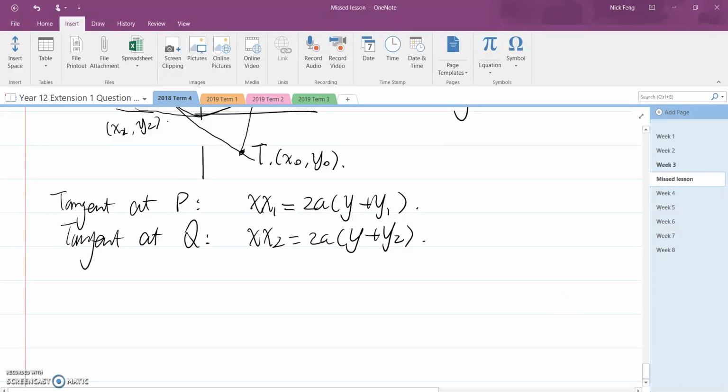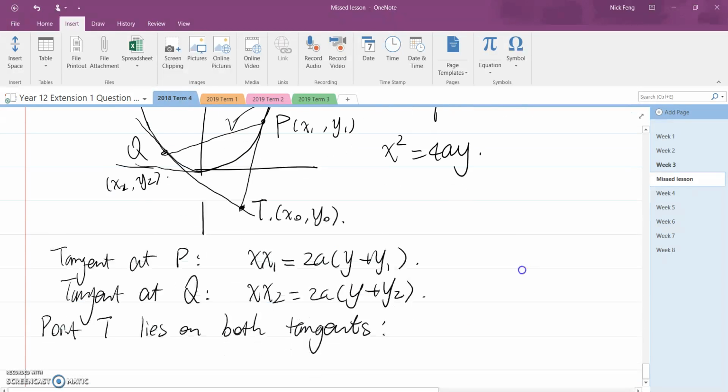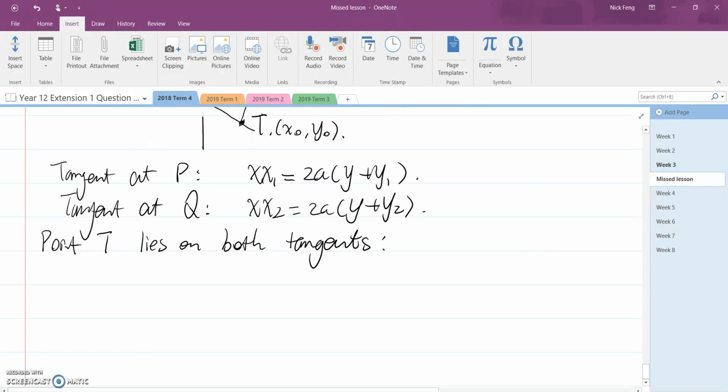Now, since point T lies on both tangents, of course, because T is the intersection of the tangent at P and the tangent at Q, we are going to substitute the x and y coordinates of point T into both tangents to get the two equations we need for future use.